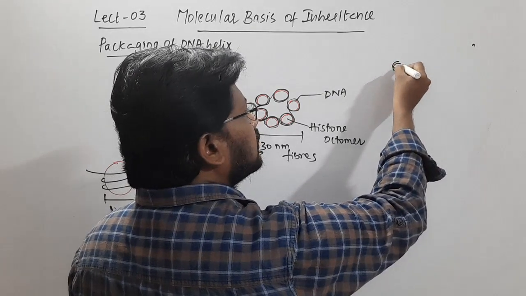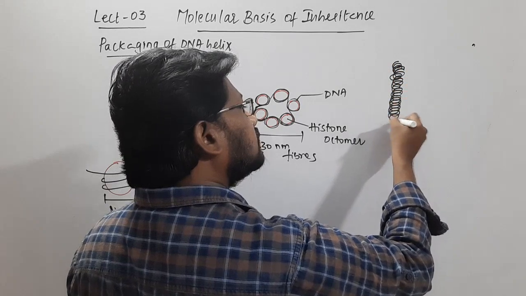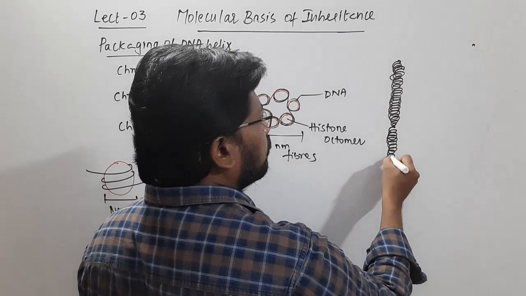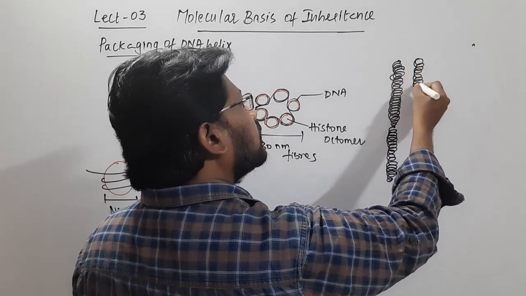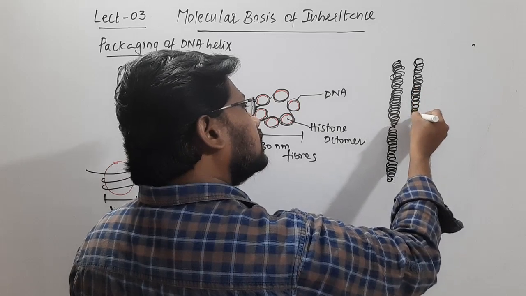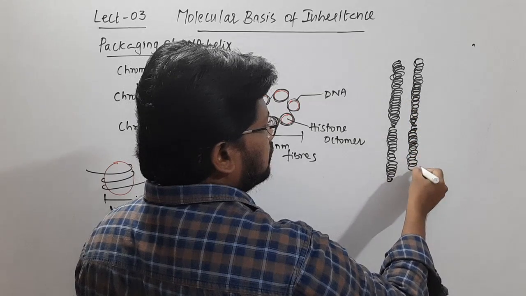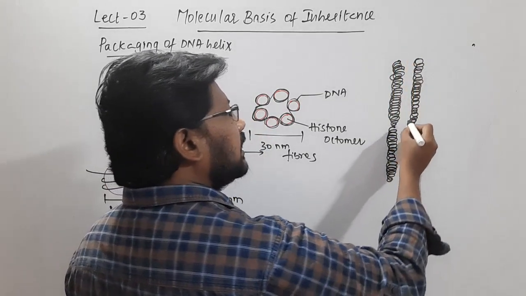Here you will see it coiling, something like this. It's all coiled in a proper manner, so that it can even uncoil very easily. This is how we see it.